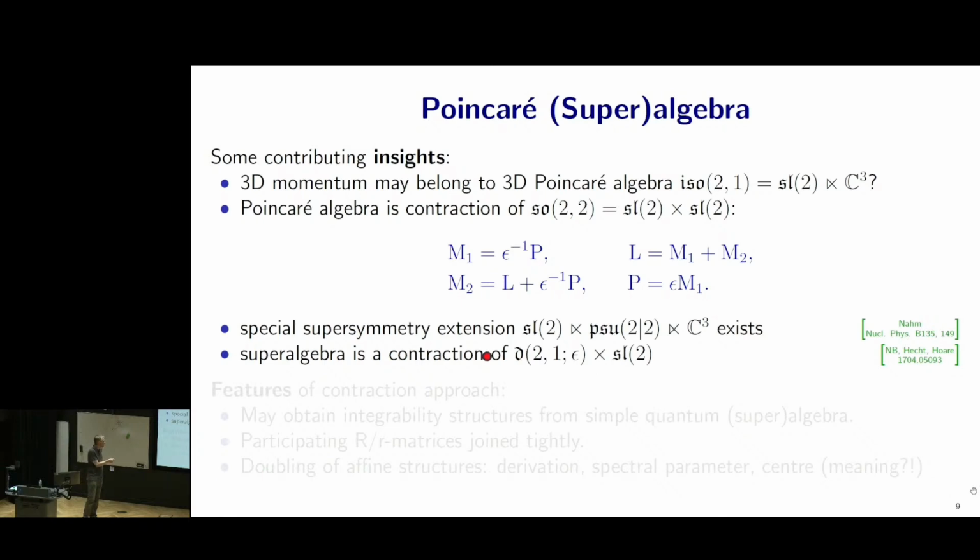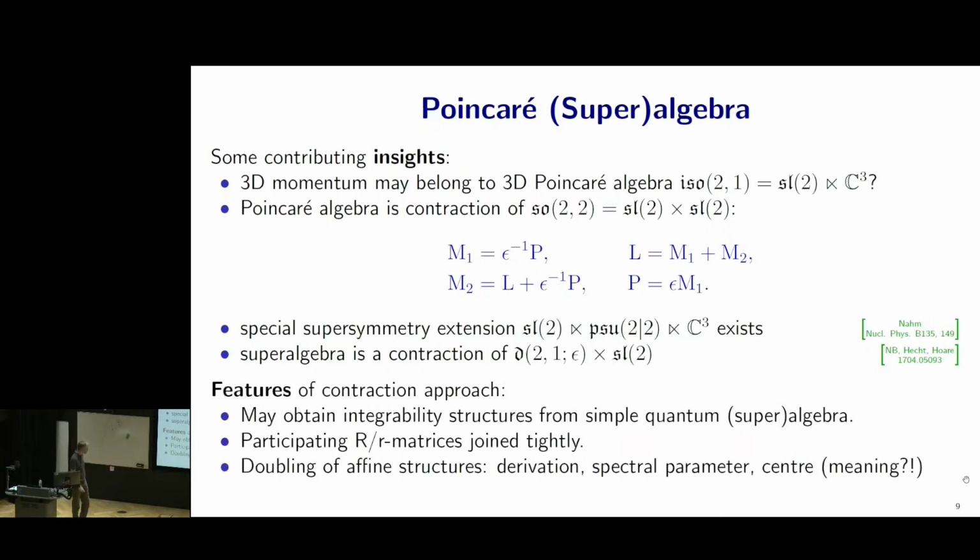And one can even obtain this as a contraction, as we found out a couple of years ago. That makes it very exciting for our purposes. In particular, we do get this exceptional super algebra D21 epsilon, I called it, because epsilon is supposedly small in this limit. You pair that with an SL2 and you can get a Poincare extension, a supersymmetry extension.